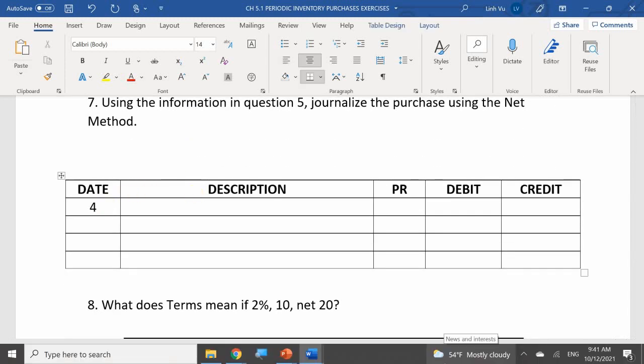So April 5th, with a purchase expense of 5,000. Okay, so this is the net method.